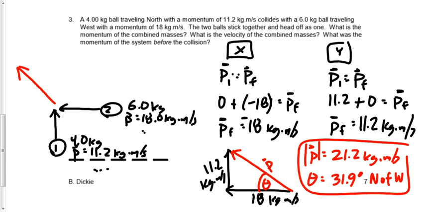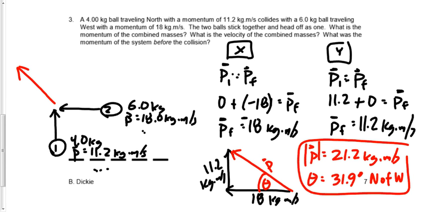Now, if you solved for velocity first, you would have gotten 2.12 at 31.9 degrees north of west. Go figure, the direction is the same. Direction of velocity is always the same as direction of momentum, right?